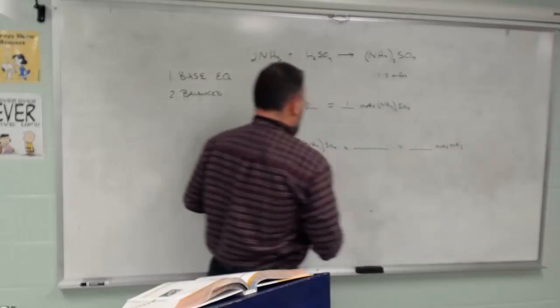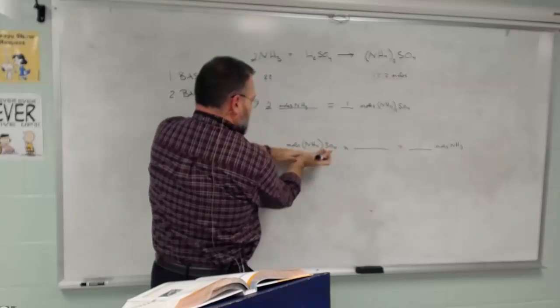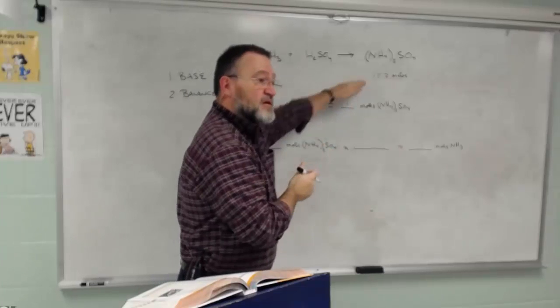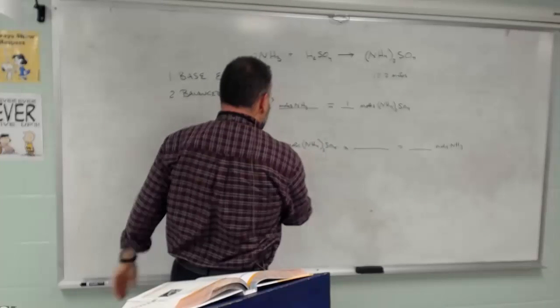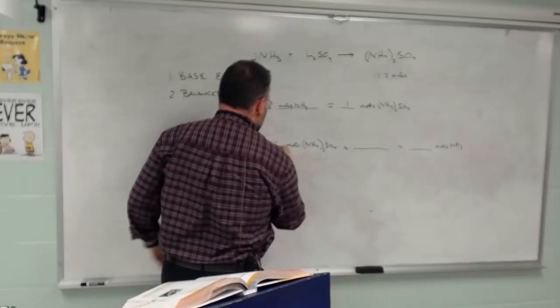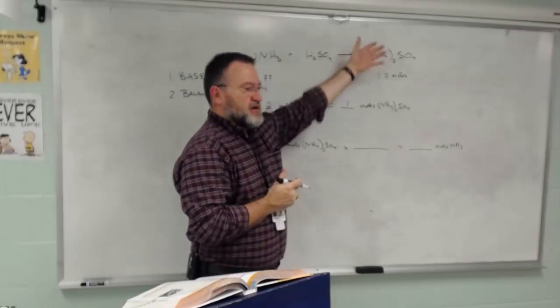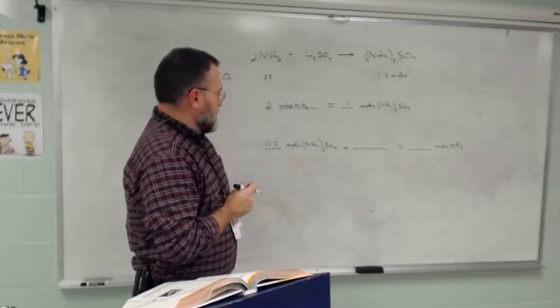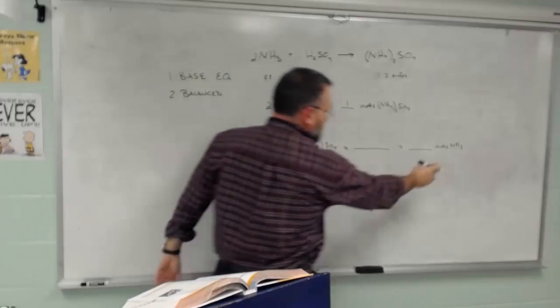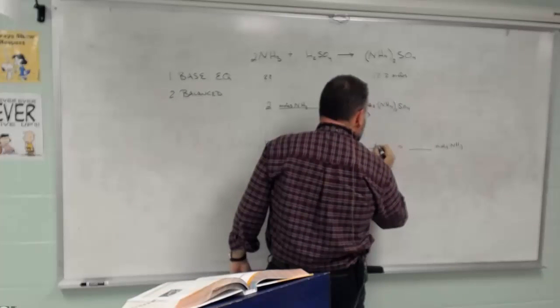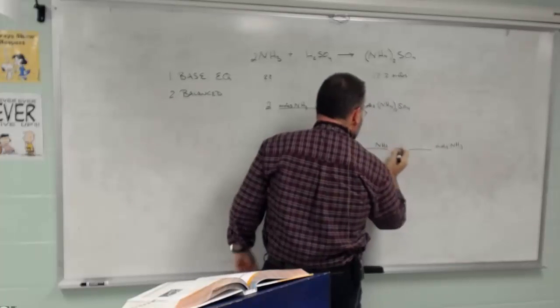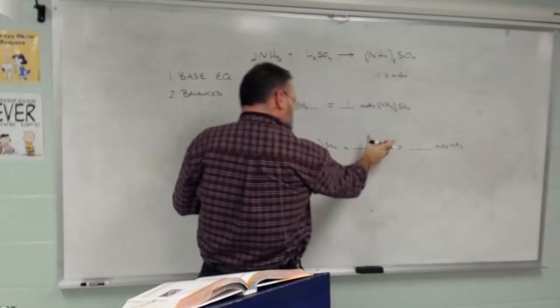See? I started with moles. I've been given this. Matter of fact, I've been given that I'm looking to make 12.2 moles of that product. 12.2 moles of my product. I need something here that's going to give me moles of ammonia, so I need some relationship between moles of ammonia on my numerator.